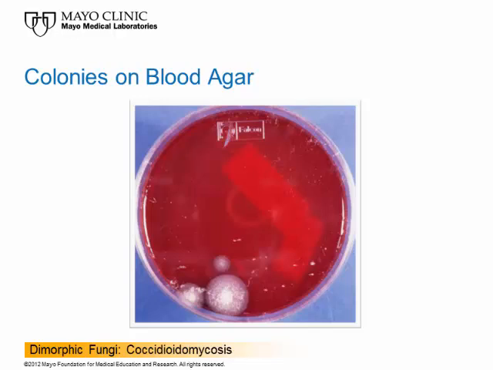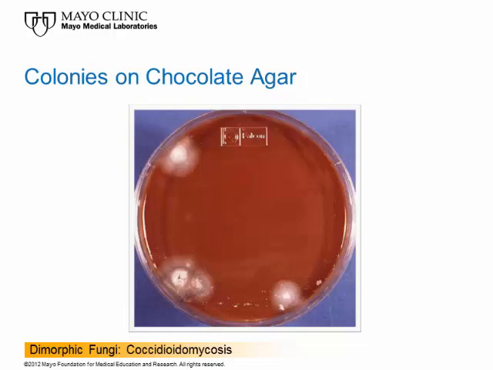On the other hand, I wouldn't trust that, because I think there are exceptions to all this, and what you don't want is a laboratory-acquired infection from a big dose of inoculum from opening up a plate like this. You open it up underneath the biological safety cabinet. This is chocolate agar, showing you the colonies of Coccidioides immitis that grew up in the bacteriology laboratory. The rule of thumb is that no cultures of molds should be opened on the bench; they should be opened in the biological safety cabinet.